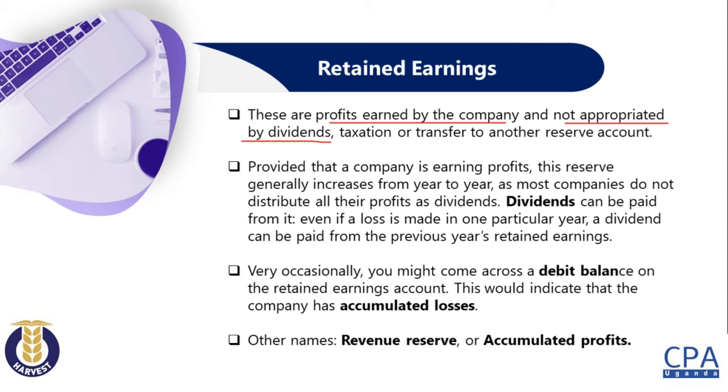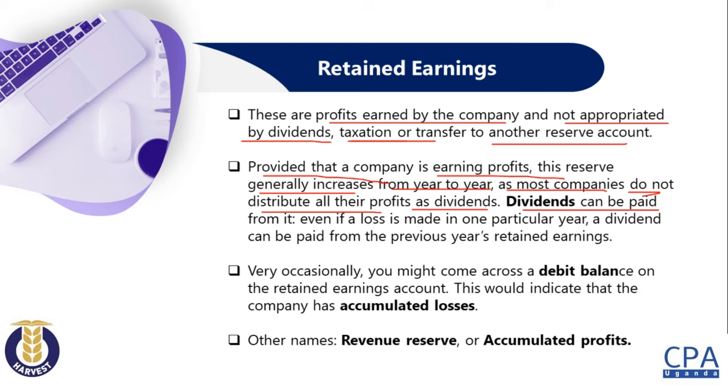They are not paid out as taxes or transferred to any other reserve account, so they remain as retained earnings. Now, provided that a company is earning profits, this reserve account is generally expected to increase from year to year, as most companies do not distribute all their profits as dividends.